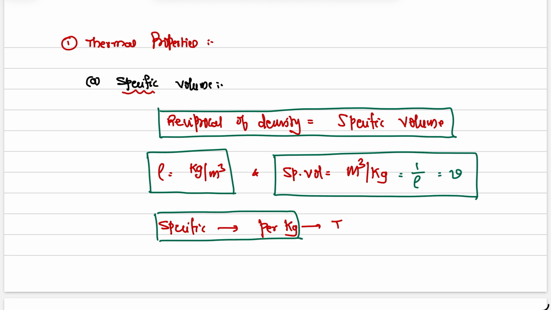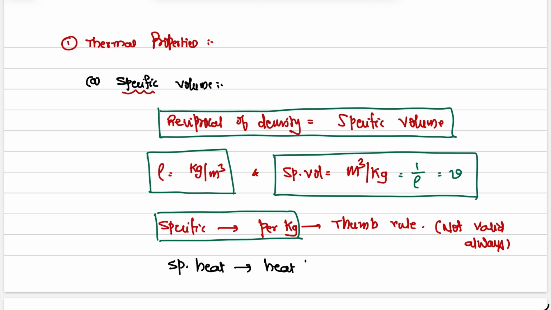It is a shortcut. Whenever specific heat is given, that means per kg. Not valid always, but it is valid at least most of the time as far as you are concerned. Like specific heat is heat per kg.